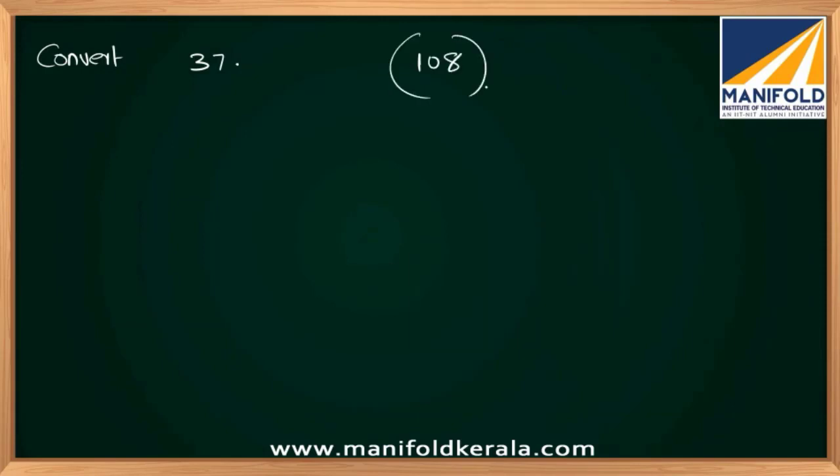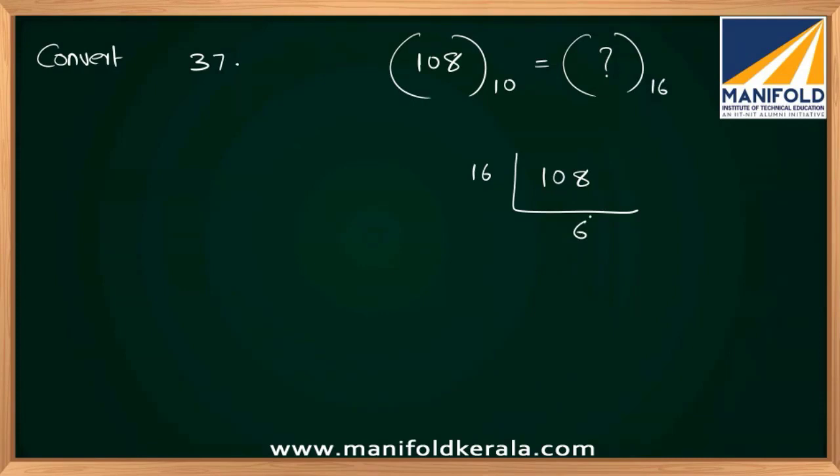Suppose I want to convert 108 in base 10 to hexadecimal, base 16. So how do you convert this into hexadecimal? Please understand, it is 108 divided by 16, right? Now tell me, which is the nearest multiple of 16 below 108? I think 6 times 16 is 96.